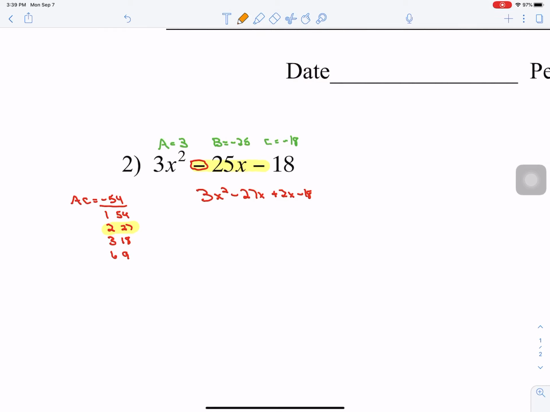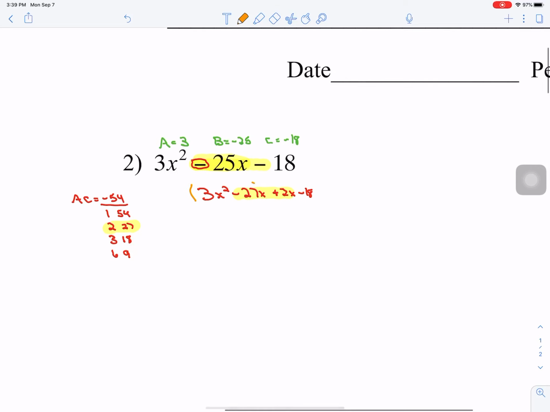Now, after I've rewritten it, remember that these two terms are just this negative 25 rewritten differently. Now I'm going to group the first two together. I'm going to group the second two together.